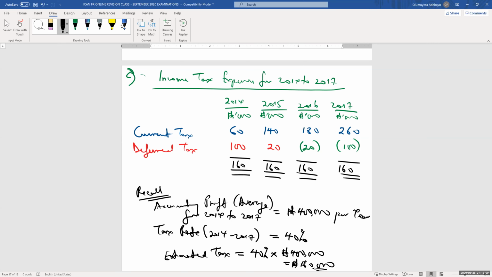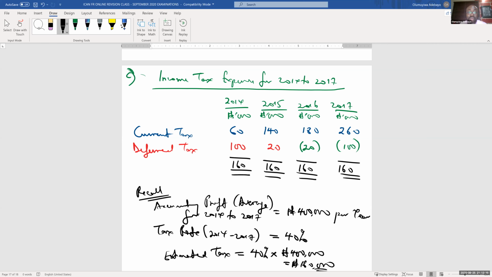Now, what deferred tax is saying is that if you recall, from the tax law, we are told to pay 60 in year 1, 140 in year 2, 180 in year 3, and 260 in year 4.